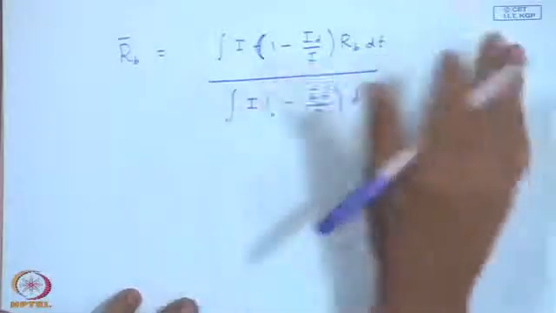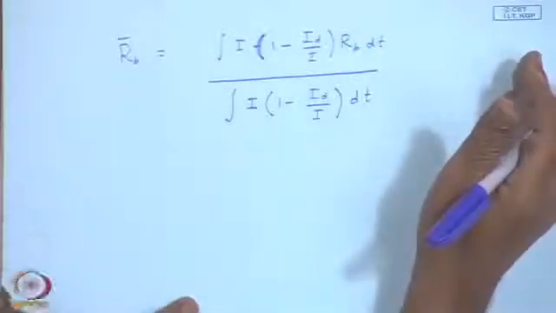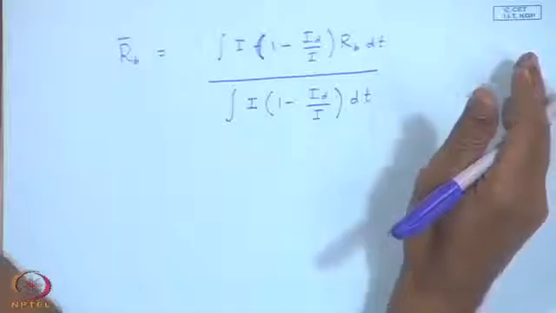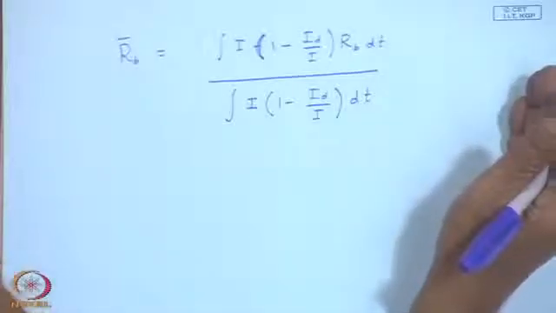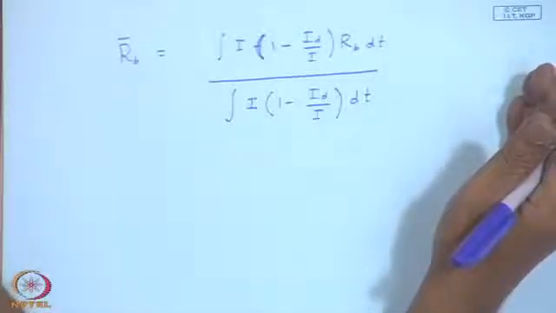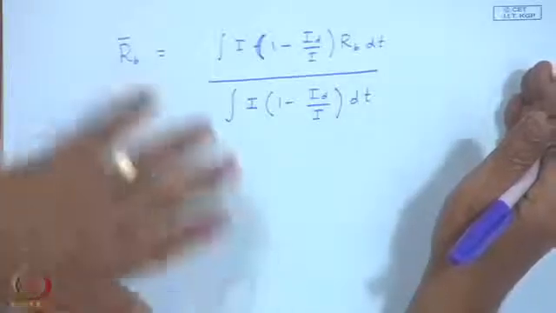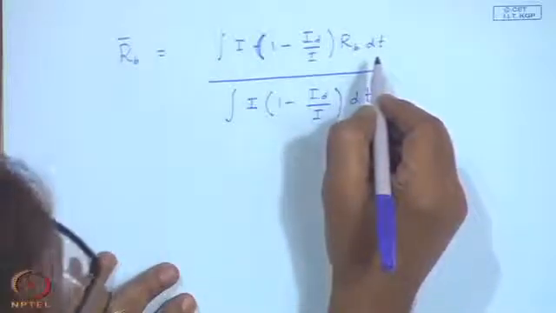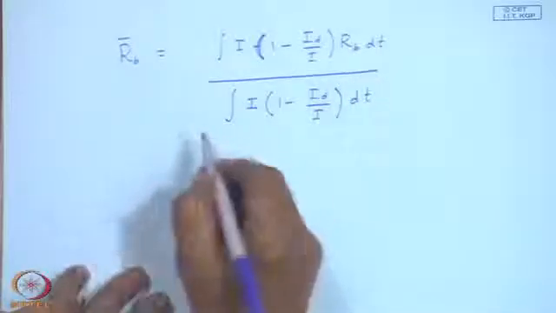I am trying to assume that I have got an analytically representable function or discretized function or some correlation for I, and I write it in this particular fashion. So, this is exact under terrestrial conditions.